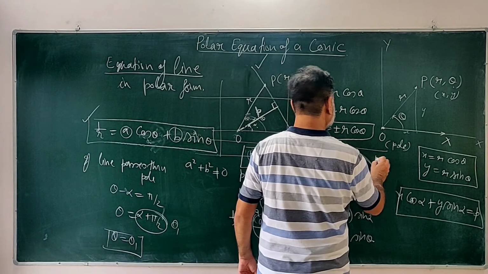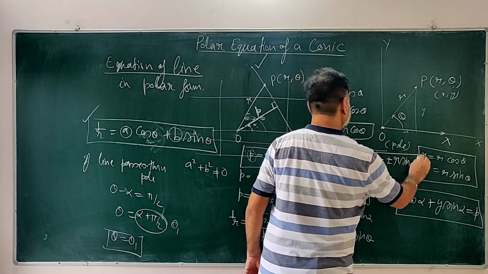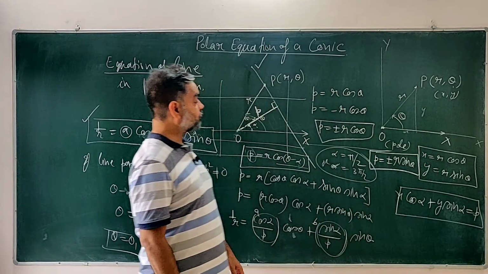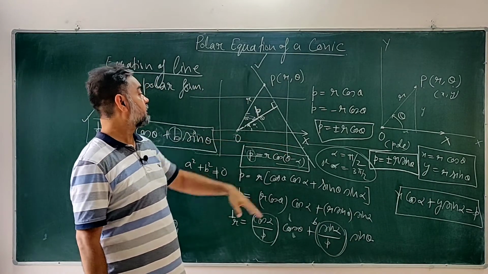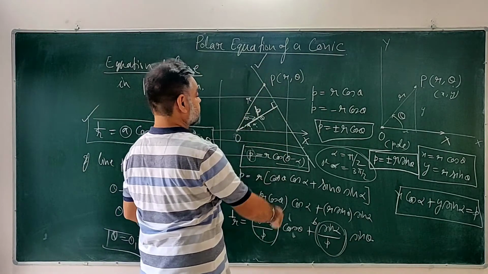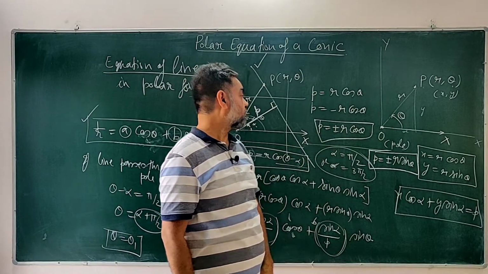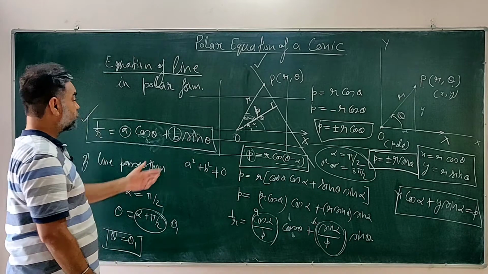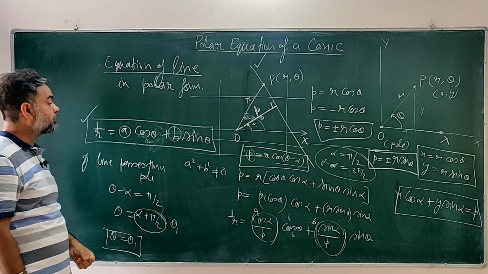So p is equal to plus or minus r sin theta is the equation of a straight line which is parallel to the initial line, and p is equal to plus or minus r cos theta is the equation of a line perpendicular to it, and the equation of a straight line which passes through the pole is theta equal to theta 1.